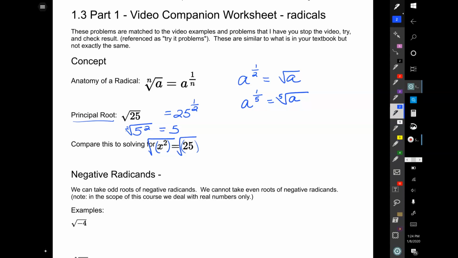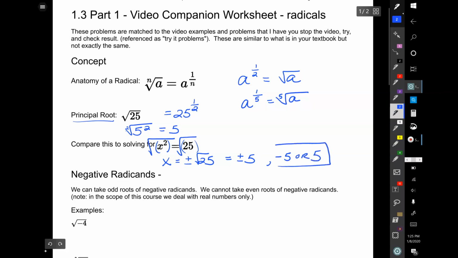Now there's two possible answers that would give me the value of x. So I would end up with x equals plus or minus square root of 25, which then equals plus or minus 5, or I could write it as -5 or positive 5 as my answer.